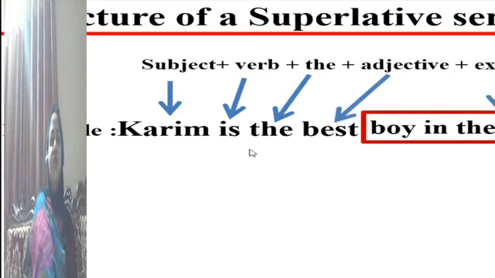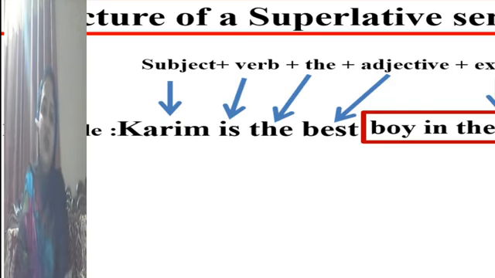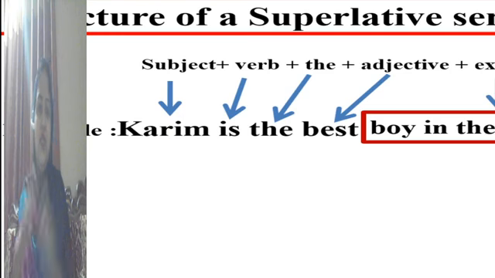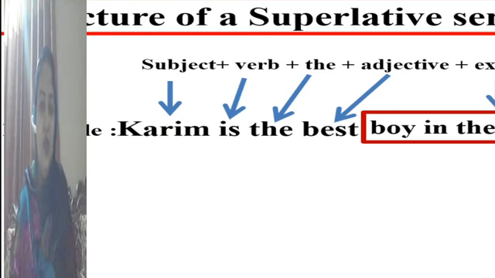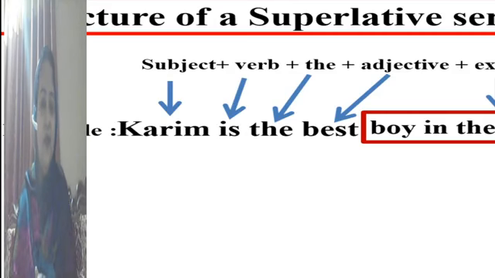In this way, you can make more and more examples of superlative sentences by using this structure. So just remember that when you use the structure of superlative degree, follow the pattern of superlative degree. Then it will be very easy for you to make any kinds of sentences by using adjectives to compare other adjectives.